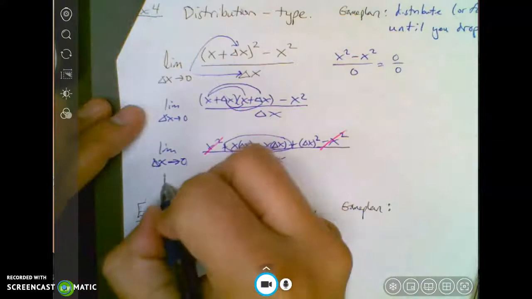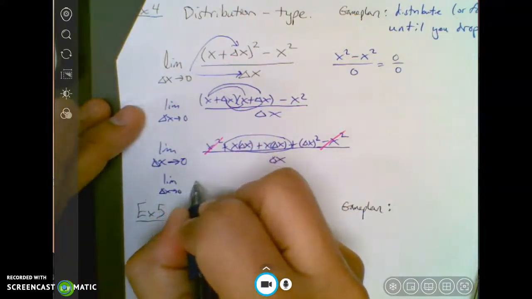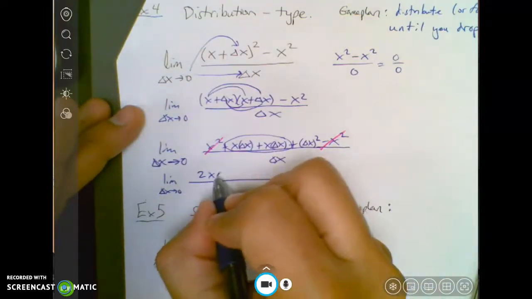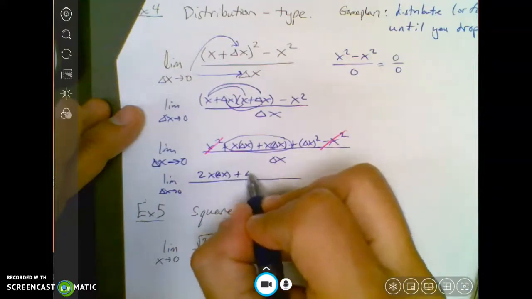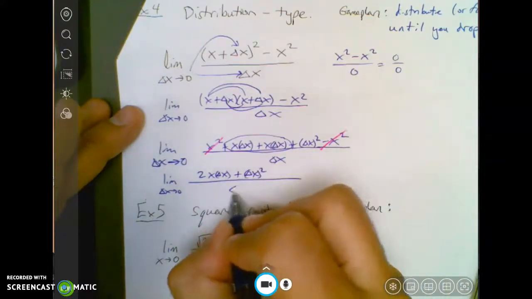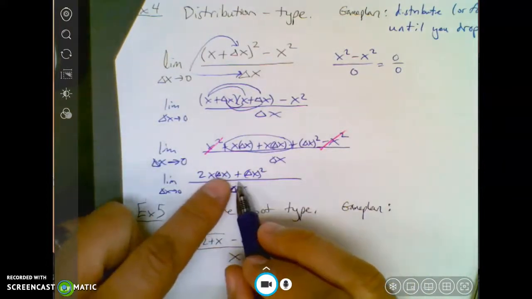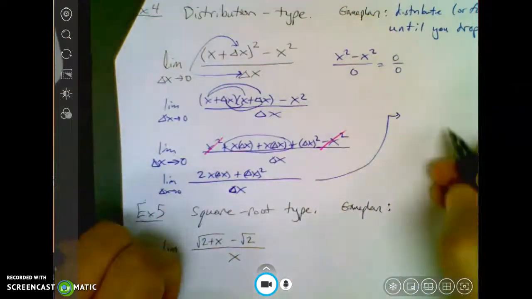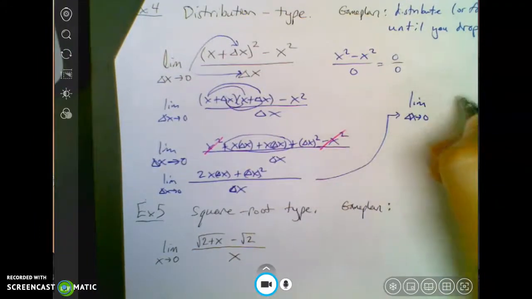So all that's left is on top you have two of these and you have one of these, delta x squared. And what's nice is, see how everything has a delta x in it? You could take out a GCF of delta x and cancel it off. So we're almost done. It's moving in the right direction.